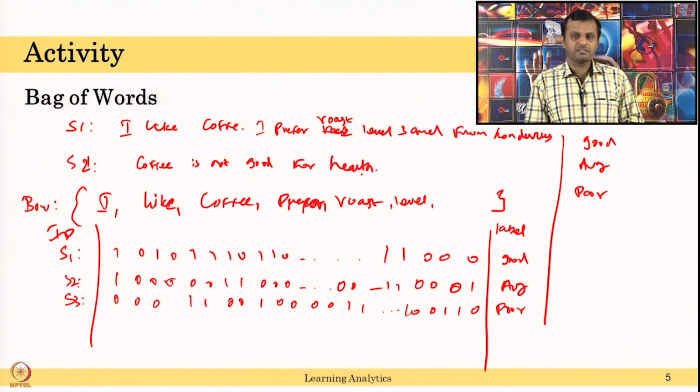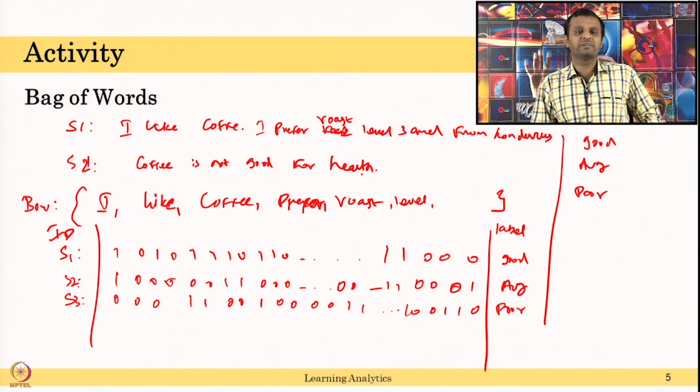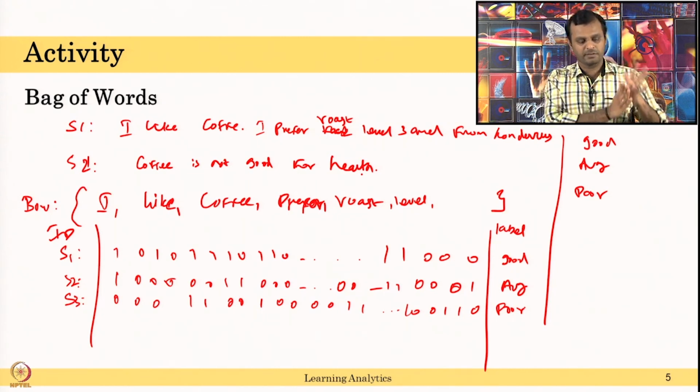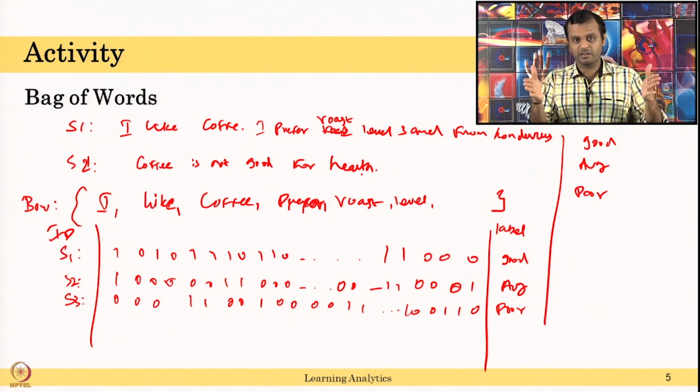So, the idea is now what you have is your sentences, the students' essays, converted into a matrix with a label good, average, poor. It is not a binary classifier, it is a multi-class classifier with 3 classes here, and you have a student ID and you have the features.